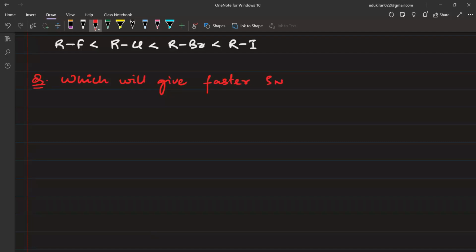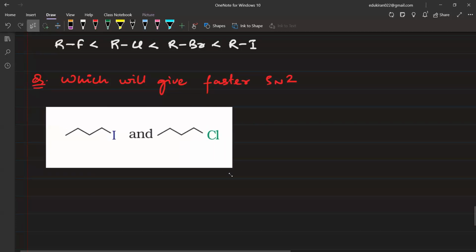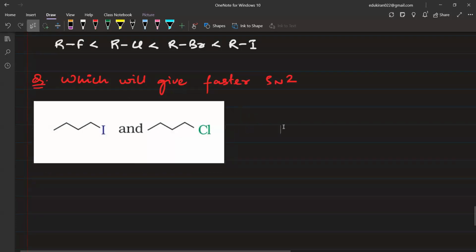Which will give faster SN2. इन दोनों में से कौन देगा? Let's suppose this is A structure and this is B structure.